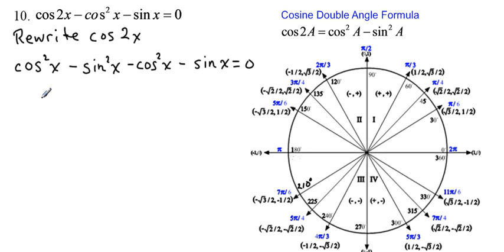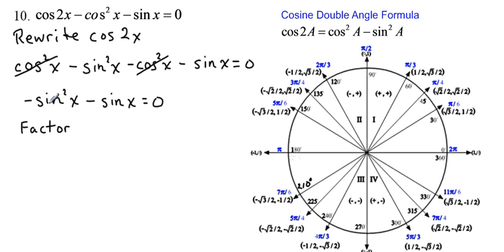Okay, now the next thing we'll have to do is cancel out this positive cosine squared and negative cosine squared. They become 0. So what we're left with is negative sine squared x minus sine x equals 0. Next up, what we'll do is factor.